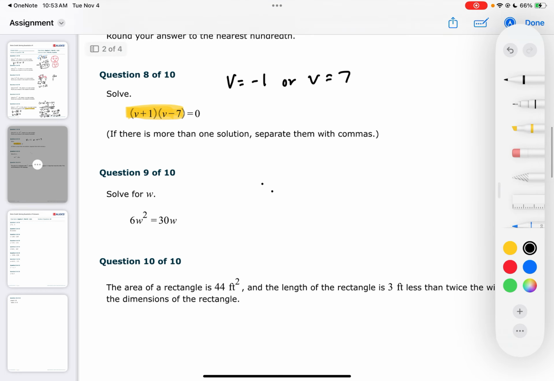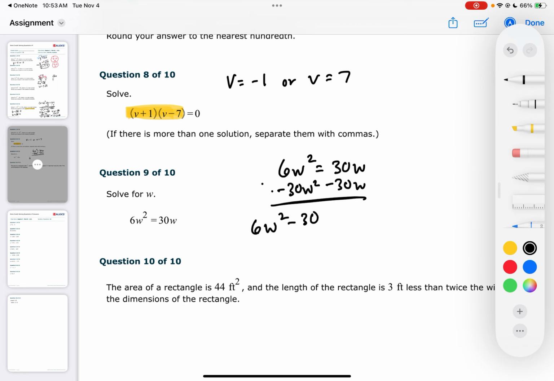Okay, now for this one, you're going to have to get it into factor form. So 6w squared equals 30w. We're going to take away 30w from both sides. Now those are not like terms. That's an equal sign. Okay, and that's going to equal 0.